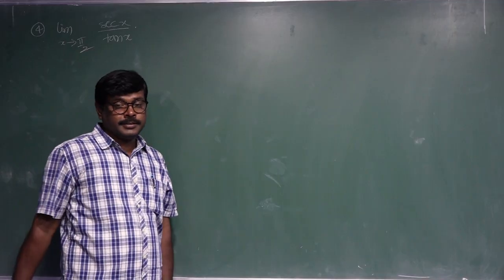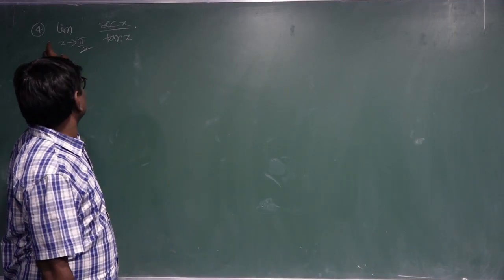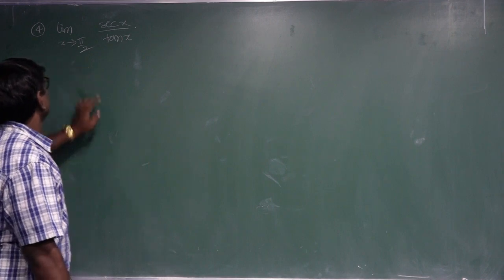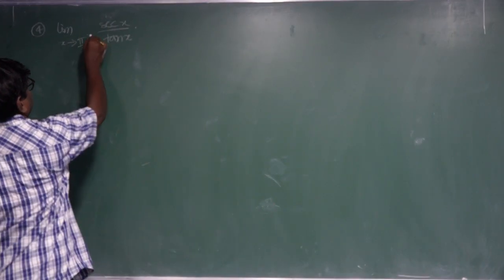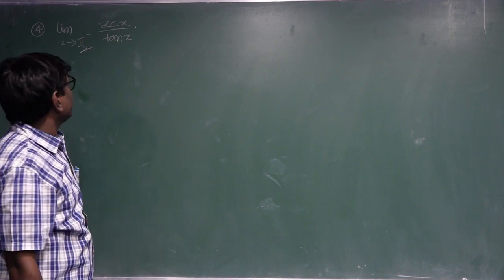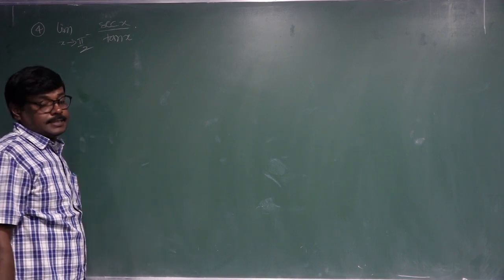Today we discuss the fourth problem: limit as x tends to pi/2 from the left of secant x / tan x.